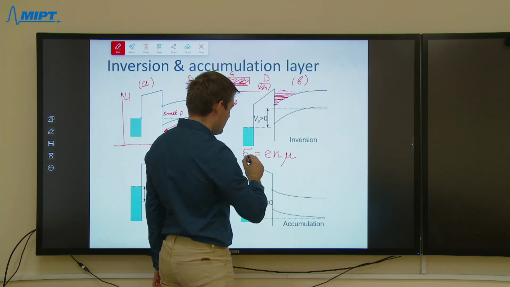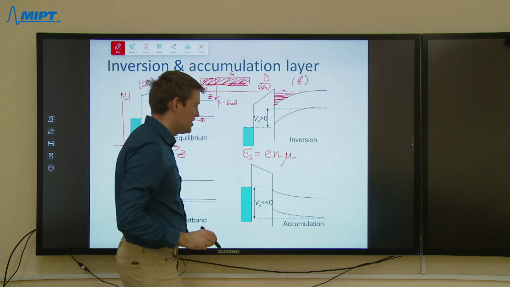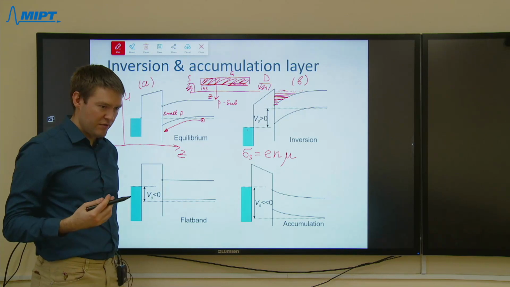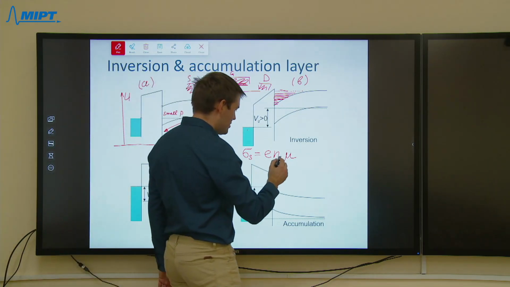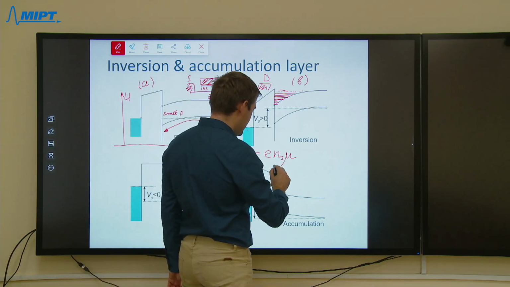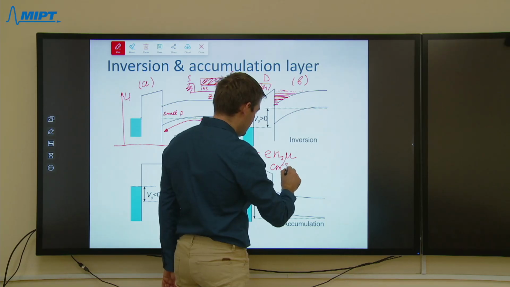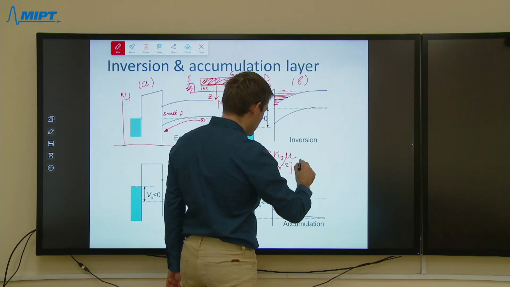So actually, to get a conductivity per surface of a field effect transistor, we need to find the surface density of electrons, which is measured in units per centimeter squared.